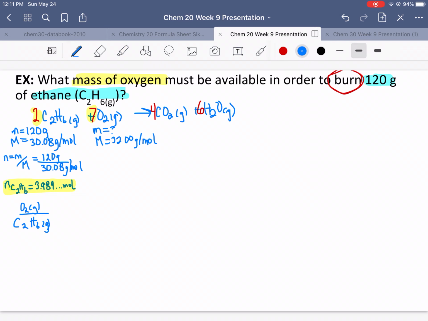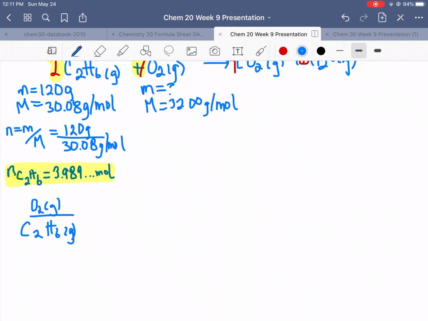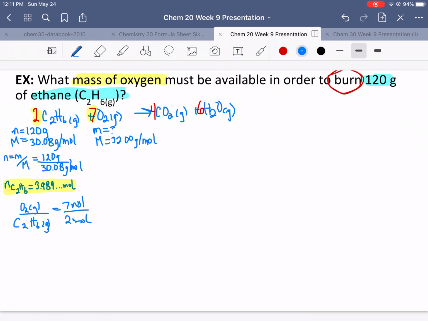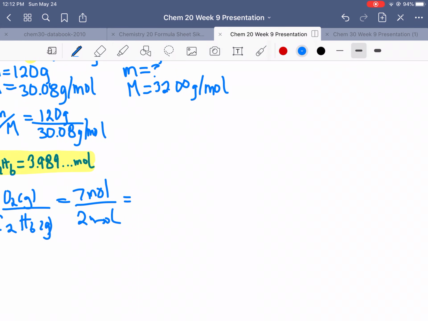That's what I have to compare. So there are 7 moles of oxygen for every 2 moles of ethane. And I just worked out the 3.989 moles of ethane. So that goes on the bottom. 3.989 moles. Here's my unknown, the oxygen.